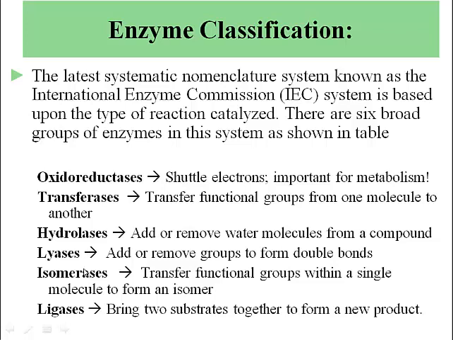We know that isomers have the same molecular formula, but they have a different arrangement of the atoms in space. So enzymes can mediate the transfer of groups around and rearrange the molecule to form these isomeric structures. And then ligases bring 2 substrates together to form a new product. So 2 things building into a bigger thing.